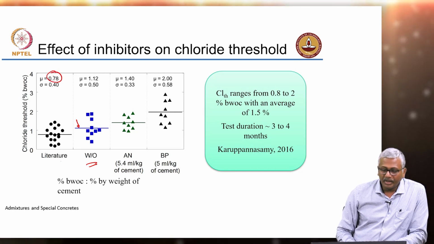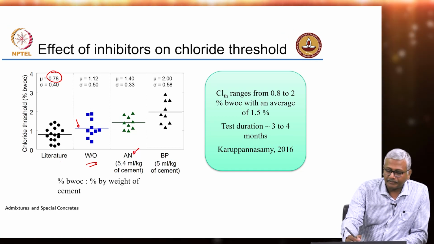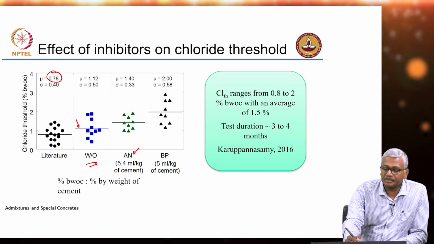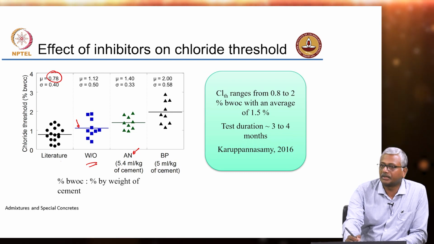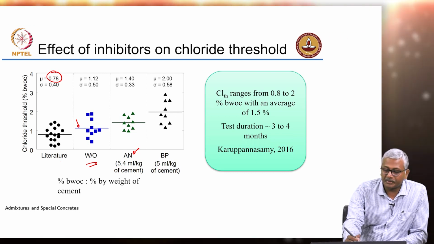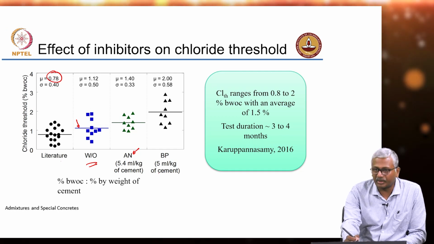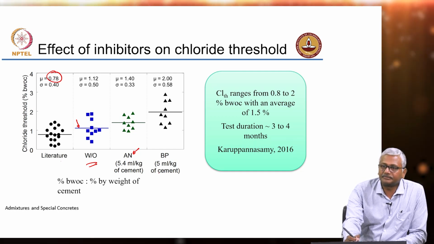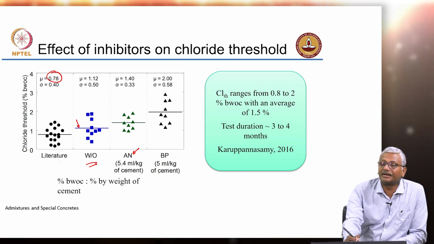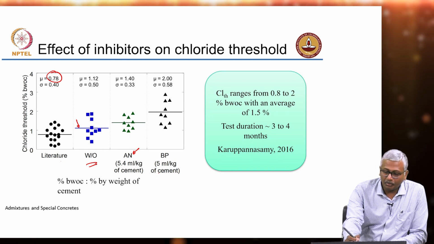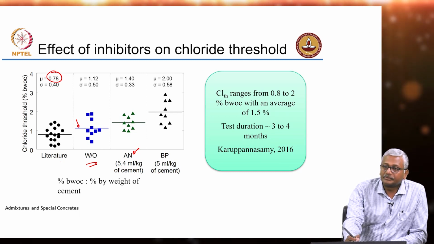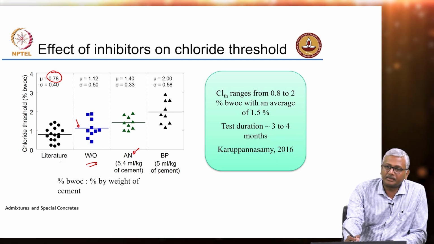Okay. When an anodic inhibitor was used at 5.4 milliliters per kilogram of cement, how much is that? 5.4 milliliters, approximately 5.4 grams per kilogram. So, if you think about per 100 kilograms, you are talking about 540 grams per 100 kilograms.